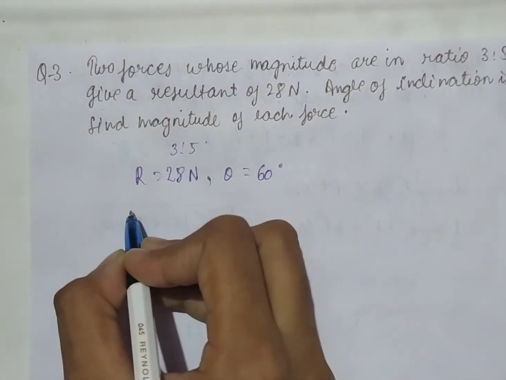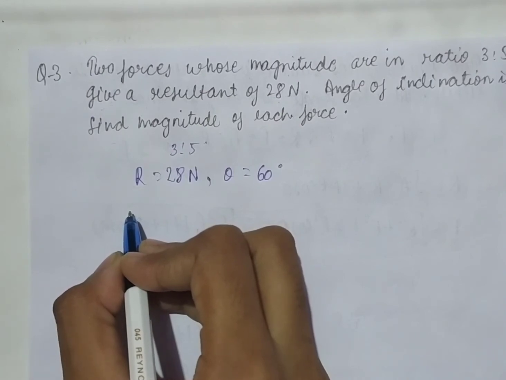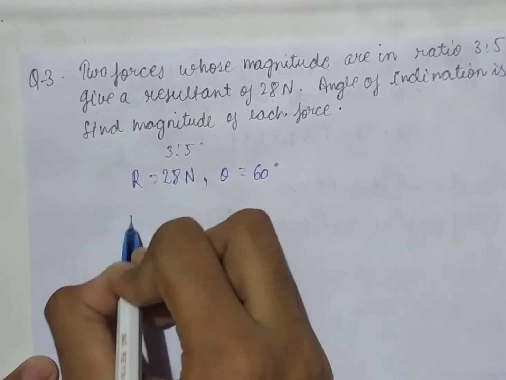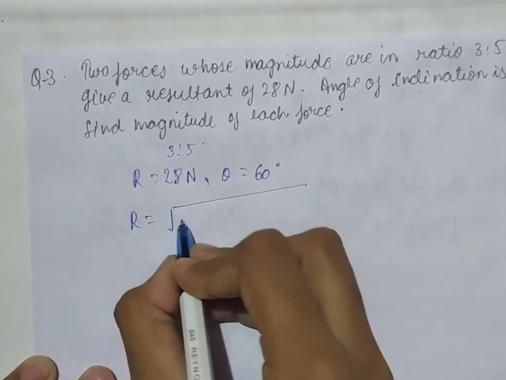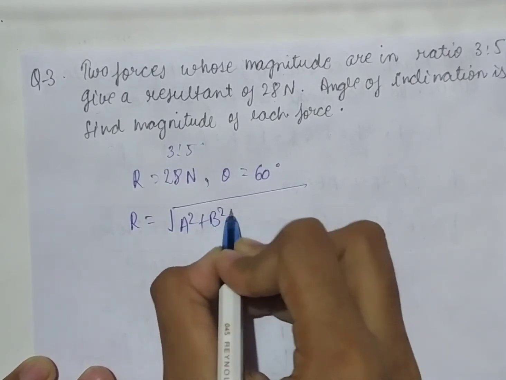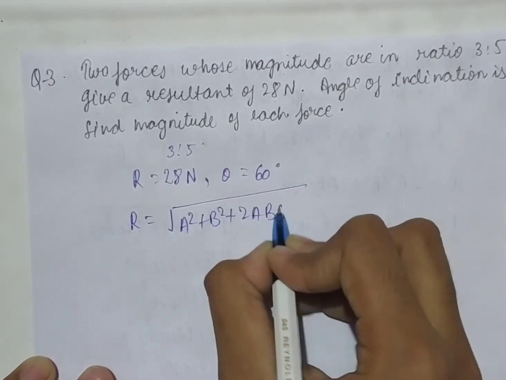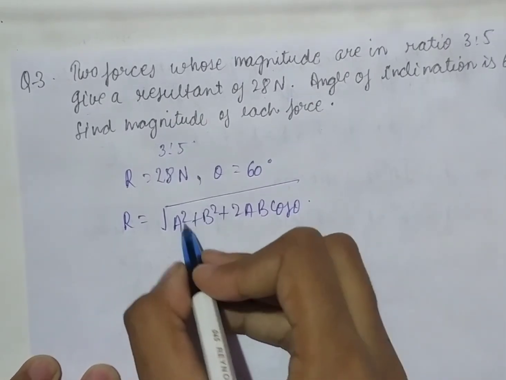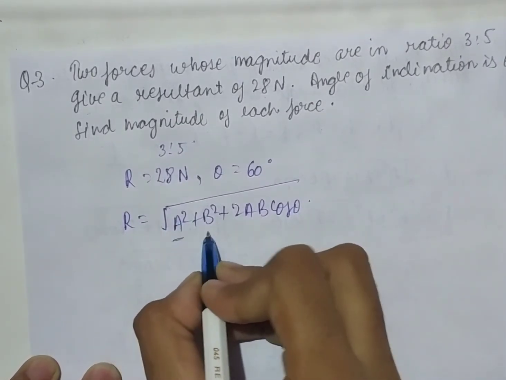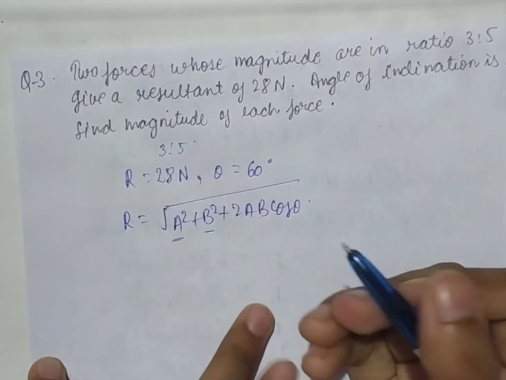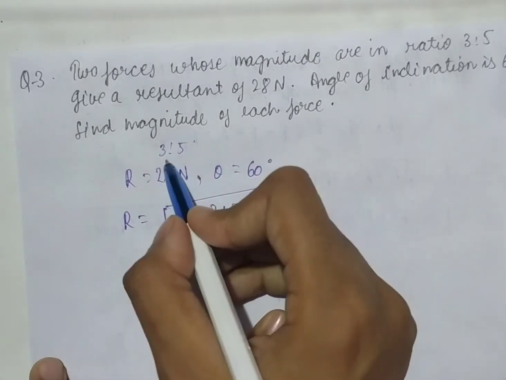First of all, we already know how we find the resultant. R is equal to the square root of a square plus b square plus 2ab cos theta. So first we need to find the values of vectors a and b, which are given in the ratio 3:5.